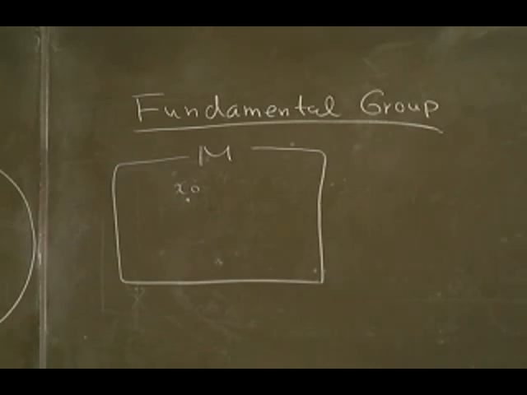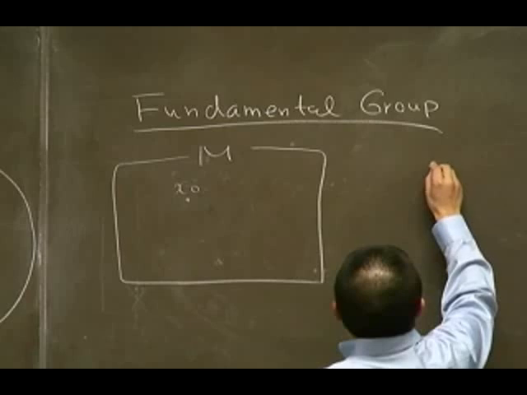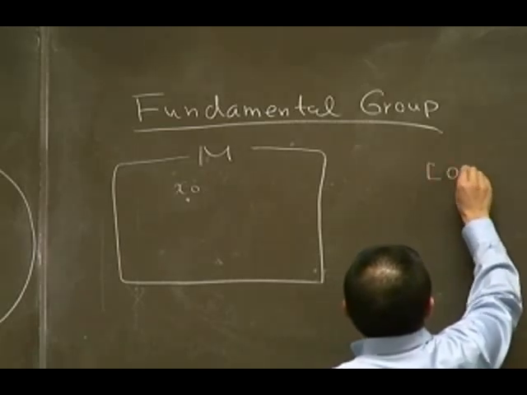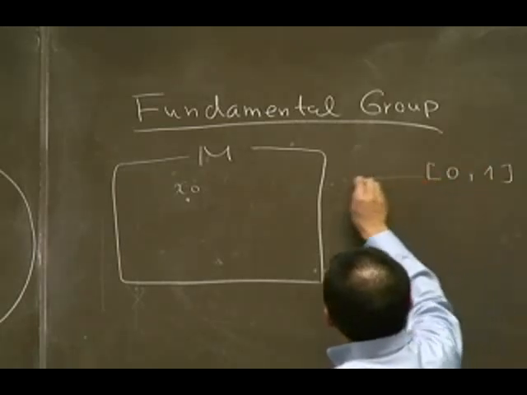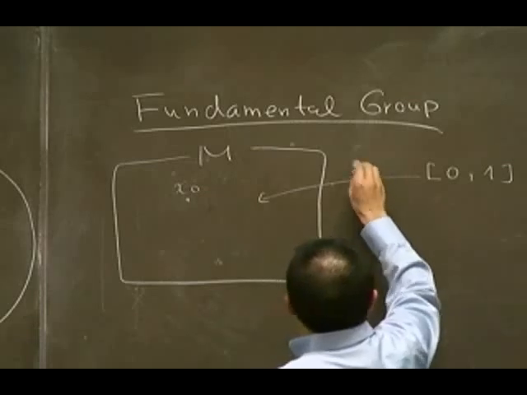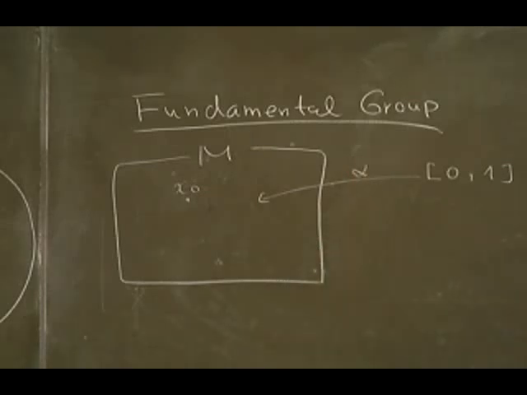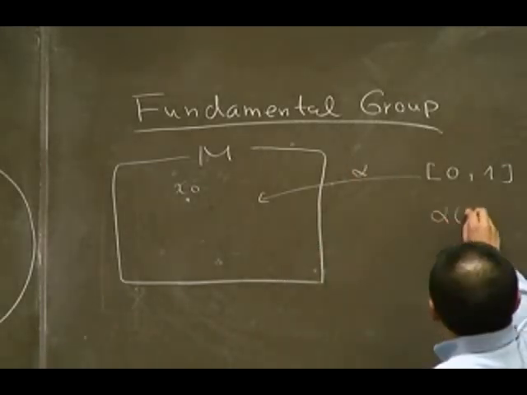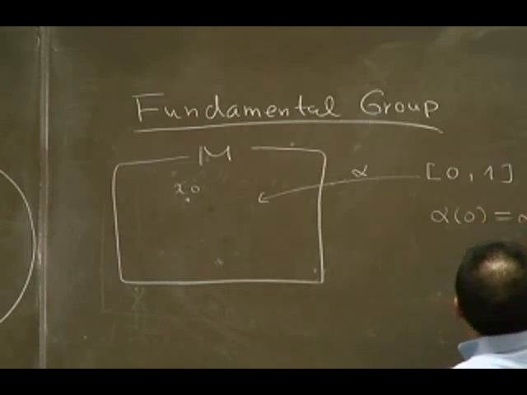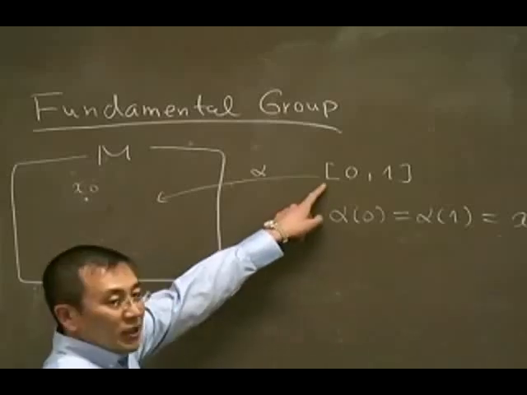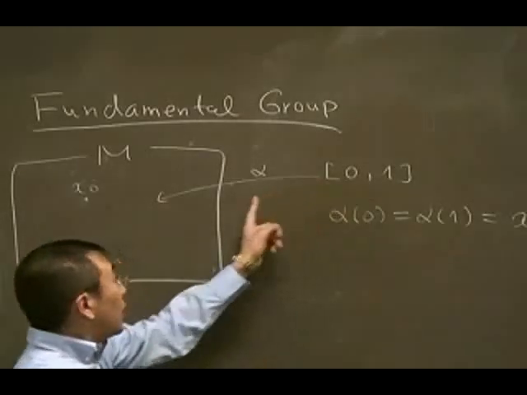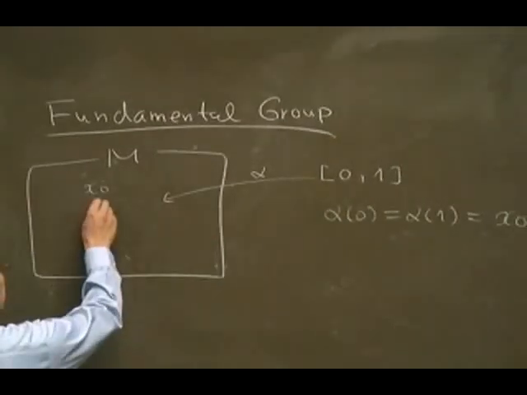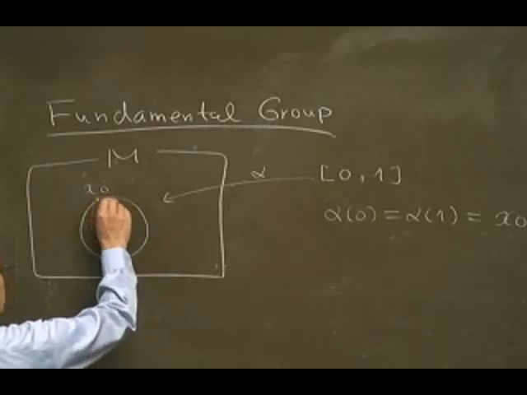What I'm going to do is define a map from the interval [0,1] to this space, call it alpha, in such a way that alpha of 0 and alpha of 1 are equal to x0. Namely, it starts at x0 and ends at x0, and it has to be a continuous map. So you have a loop like that.